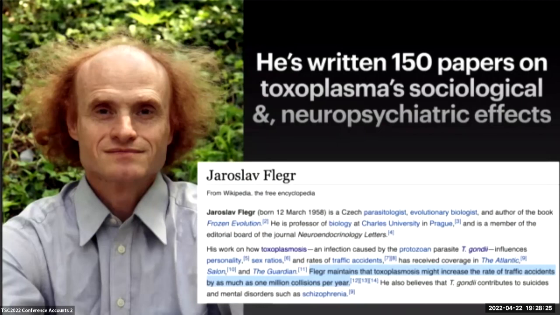And he told me that he has recently determined, he estimates, that 23% of the global disease burden is attributable to inflammatory dysregulation caused by toxoplasma infection. He also maintained that toxoplasma contributes to or causes as many as 1 million fatal car accidents per year.